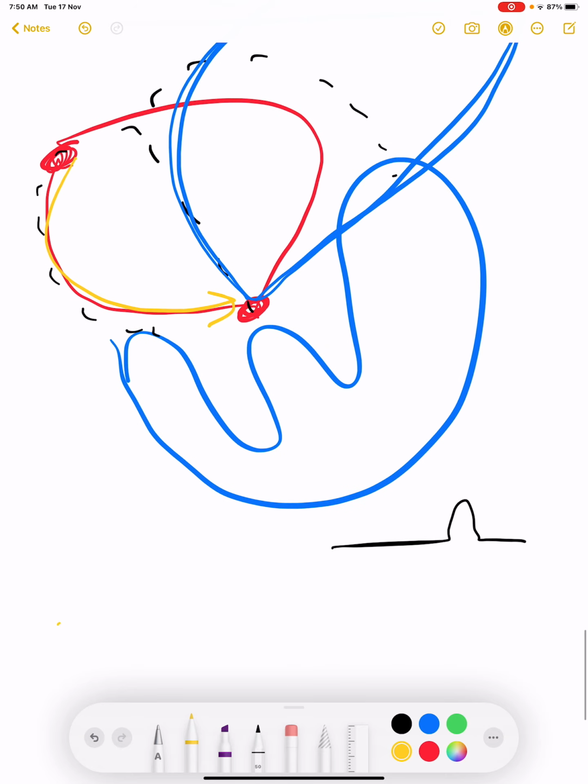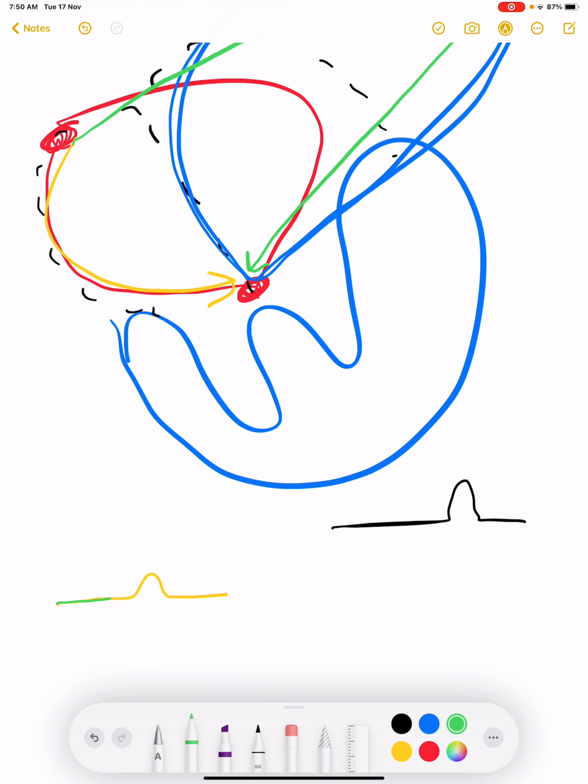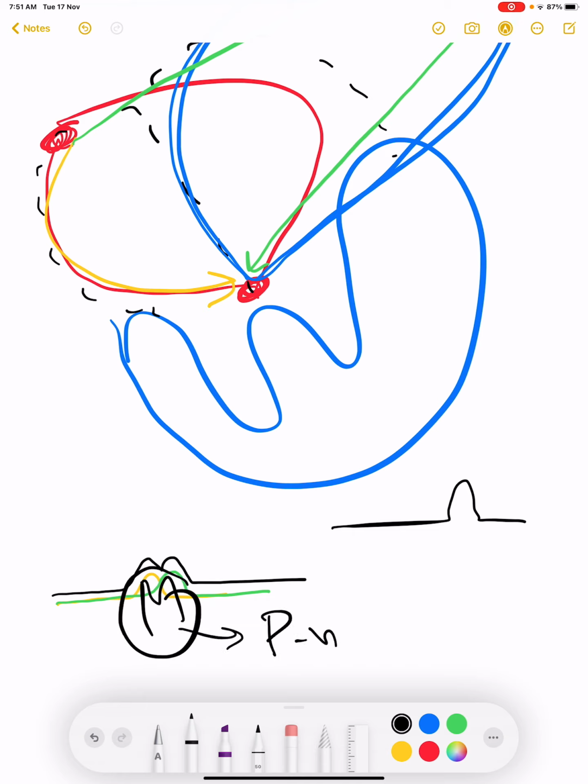Left atrium will be depolarized normally, while the right atrium will take a long time to depolarize. So the left atrium will be depolarized a little bit later on. You get my point? And we will finally have an M-shaped P wave, and this M-shaped P wave is called P mitrale.